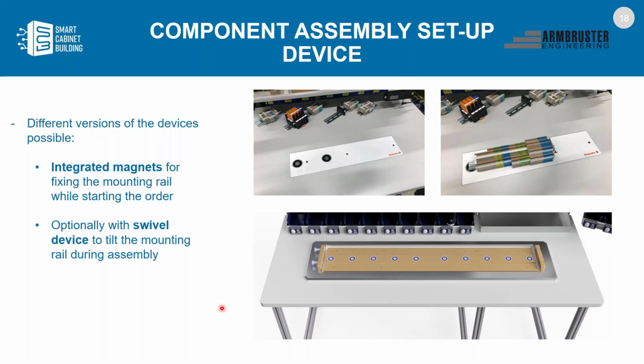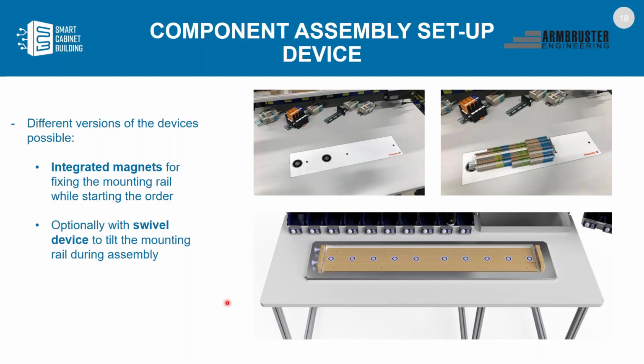And then it's always the same position to start and to count where we have to place the components. And with the help of the magnetic devices, we can hold the rail so that the employee can place the clamps, the components, whatever he needs, without moving the rail on the bench.